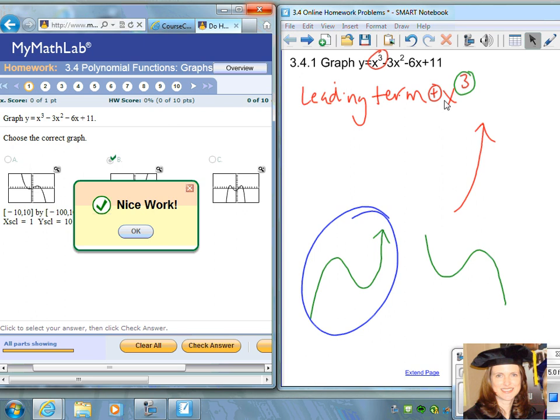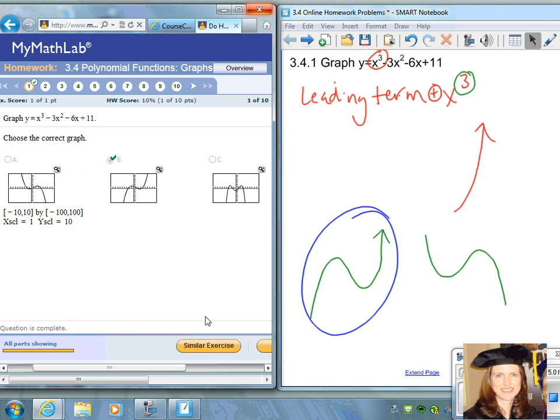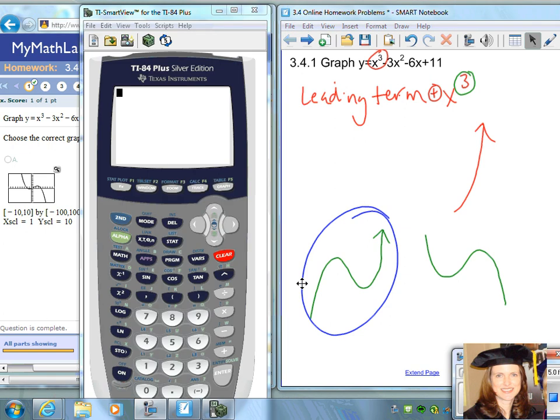If this were an even one, 4th power, 5th power, 6th power, if the leading coefficient is positive, that graph is going to end up going in a positive direction on the right-hand side of the graph. You can also check this with a graphing calculator, although again, it's not necessary if you understand the patterns for any of these polynomials.